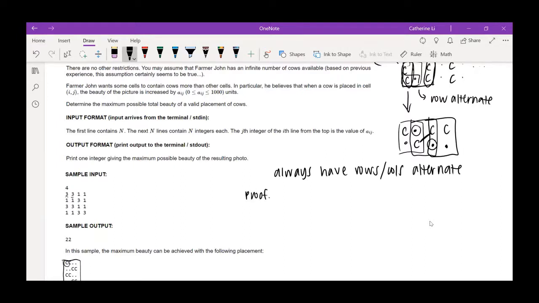And if you want a formal proof for this, we can just do proof by contradiction. So if we assume that not all the rows or not all the columns alternate, then we're going to have two cows or two not-cows in a row or in a column next to each other, because if we don't, then everything is just alternating. And that's contrary to what we claimed.